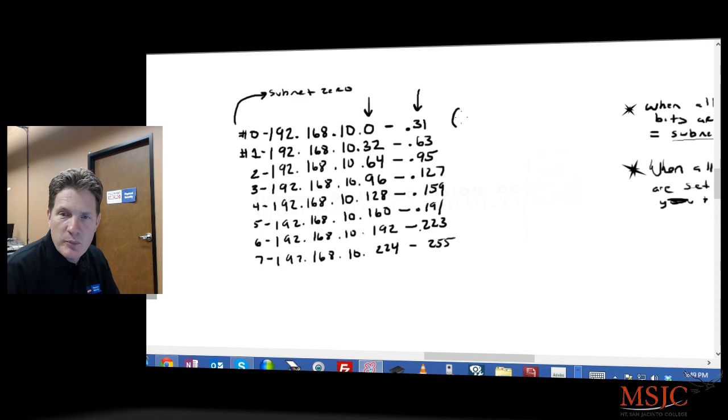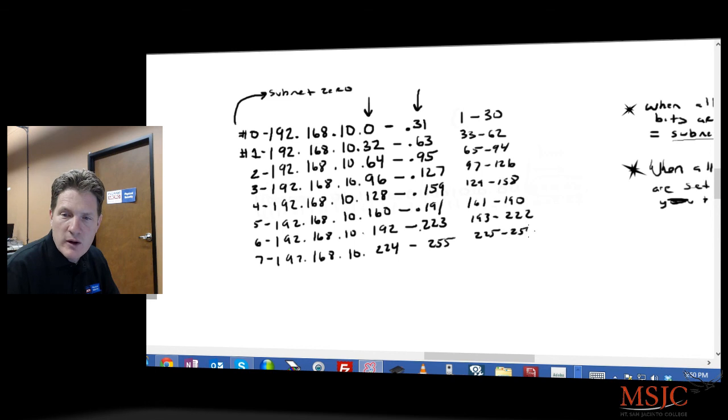So in this case, it would be 1 through 30, 33 through 62, 65 through 94, 97 through 126, 129 through 158, 161 through 190, 193 through 222, 225 through 254.